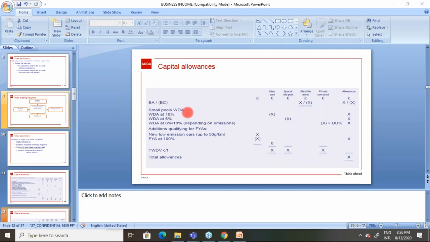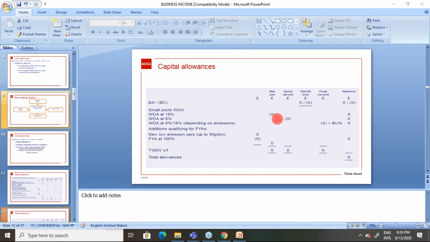A small pool WDA is a situation where the balance of the main pool or the special rate pool becomes too small. If the main pool or special rate pool balance becomes £1,000 or less, in that case, you don't have to claim 18% because the pool balance has become too small.